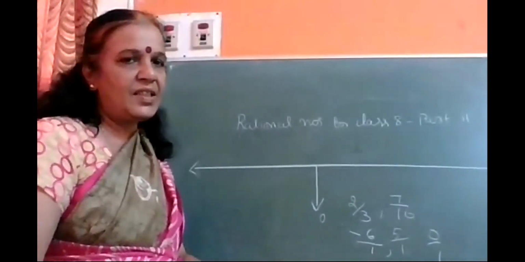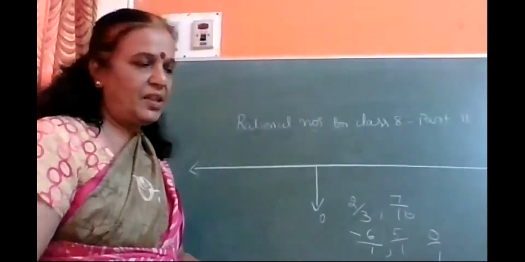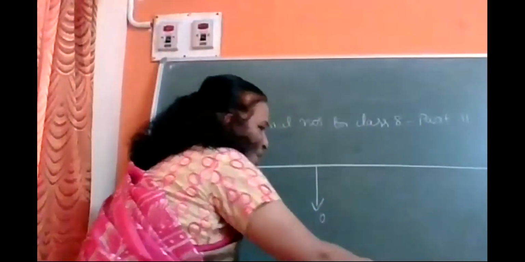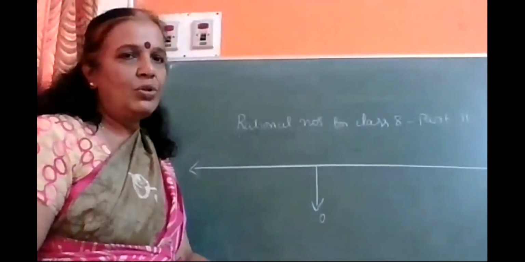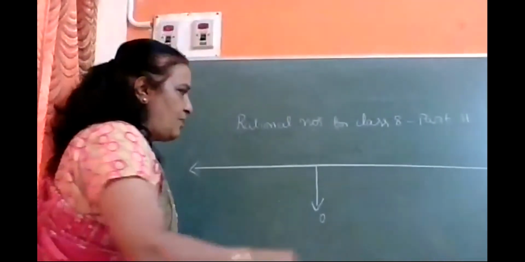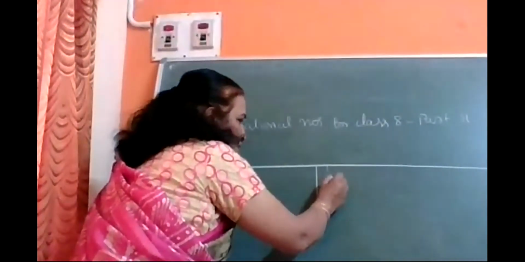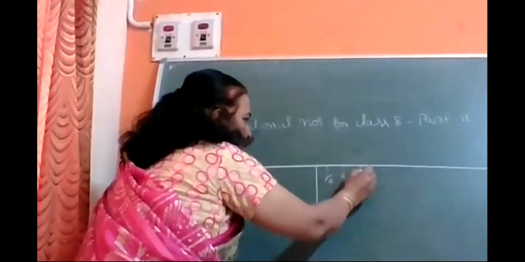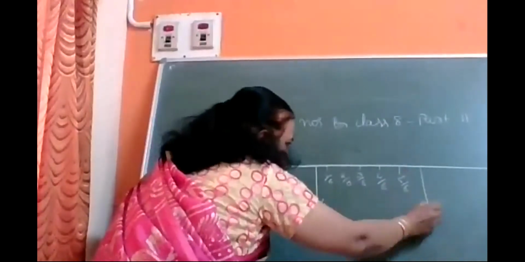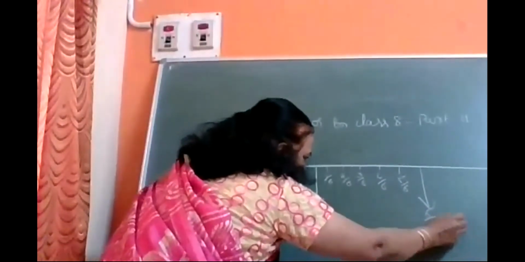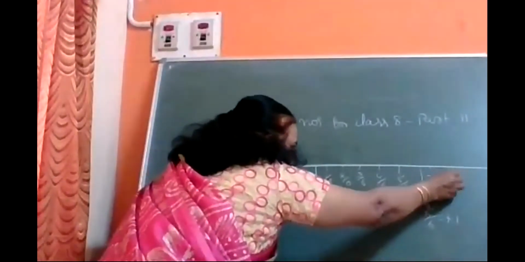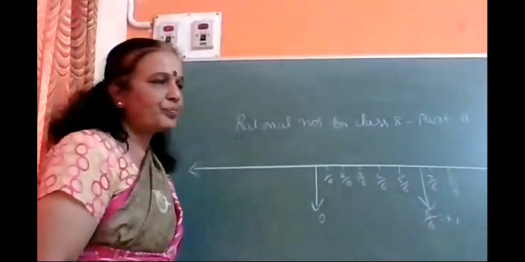In the second exercise from the textbook, there is one sum. That is, mark 2 by 6 on the number line. Now draw a number line and then write 1 by 6, 2 by 6, 3 by 6, 4 by 6, 5 by 6 and 6 by 6, which is plus 1. And it continues 7 by 6, 8 by 6, like this it continues.